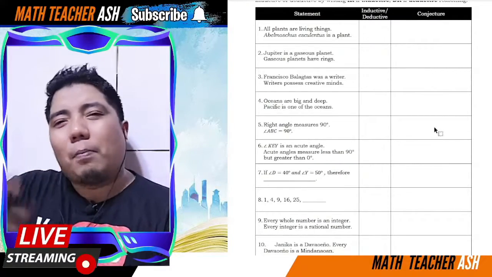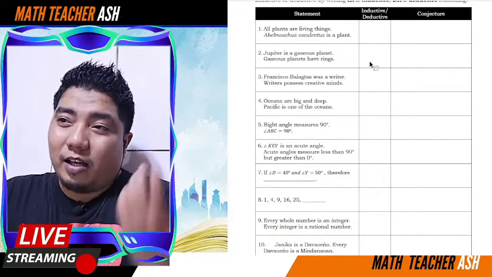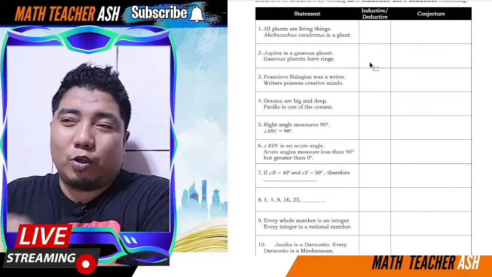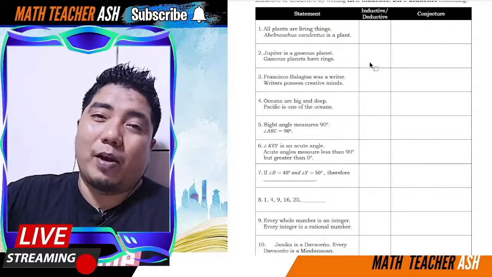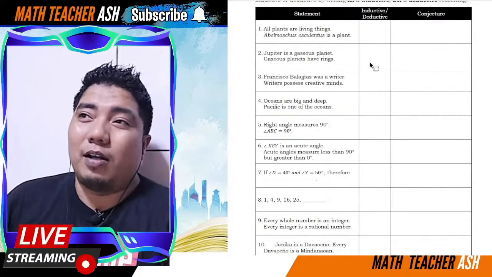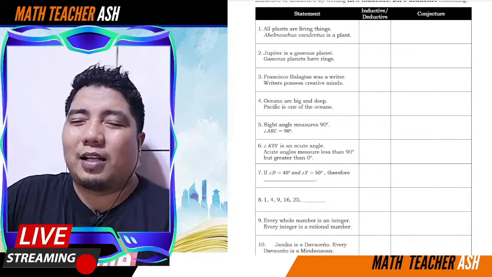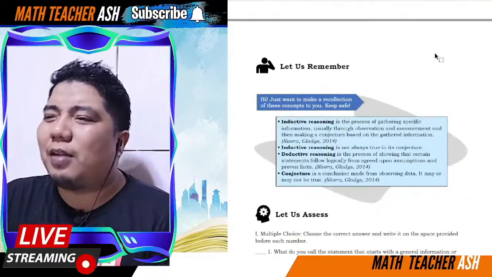Kayang-kaya na ito. Babalikan nyo lang at sabihin whether that is inductive or deductive. Inductive siya kapag from a specific observation going to a conclusion. And deductive naman siya kapag from an acceptable fact or assumption, and then gumawa siya ng conjecture. Okay, napakadali lang, my dear math learners.